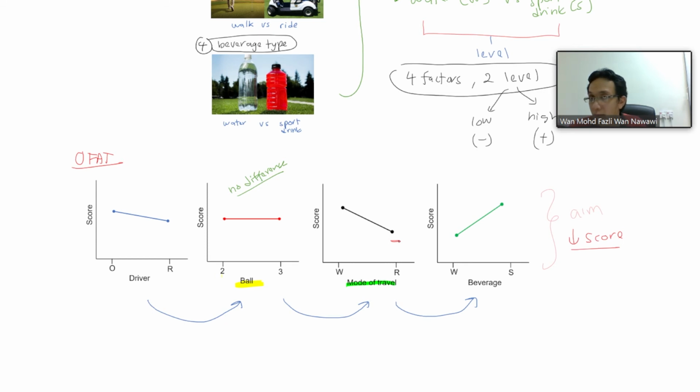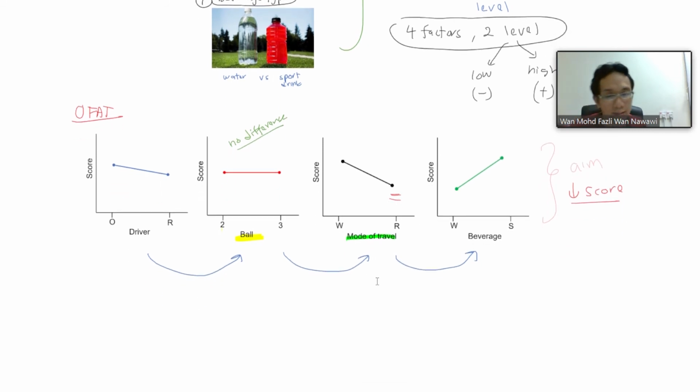Not necessarily when you perform an experiment you need to get the maximum. Sometimes the minimum is also important. In the golf case, the minimum is what we want. So when you ride the caddy, that is better for your performance.